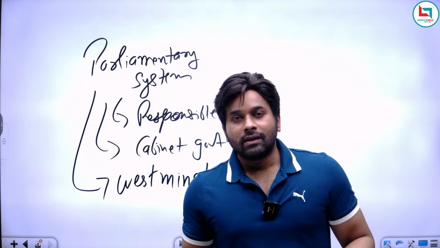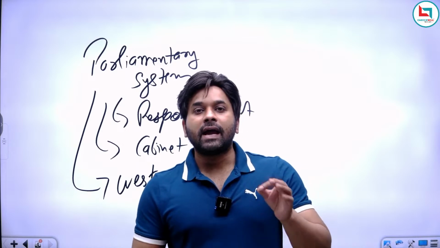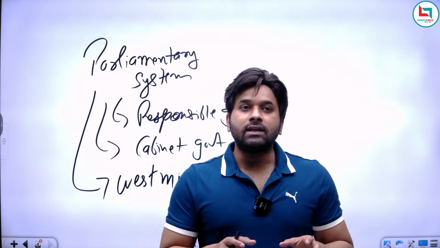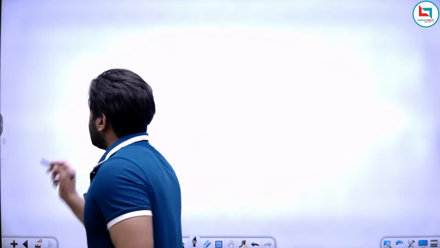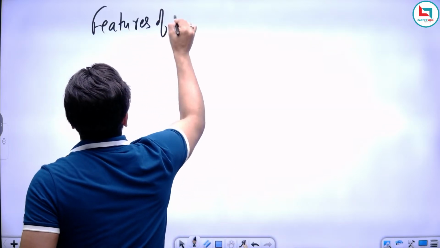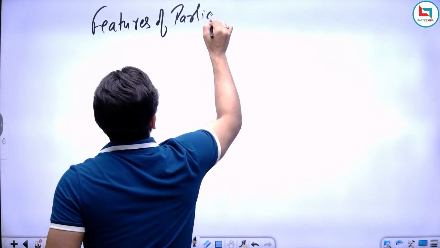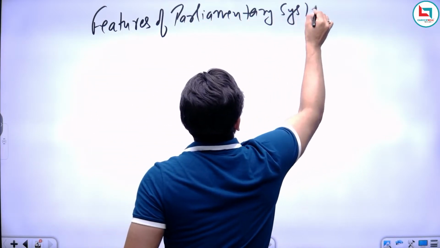Now we all know that this particular government is present at both levels, the center and the states. Let us see what features are there in a parliamentary system. Features of parliamentary system.